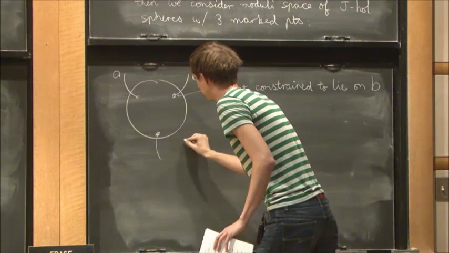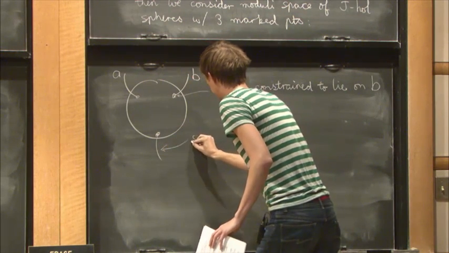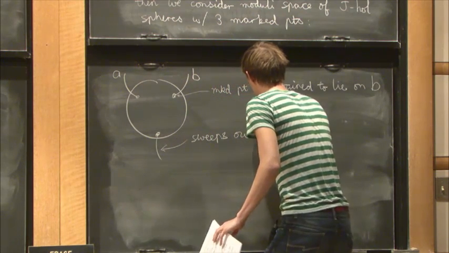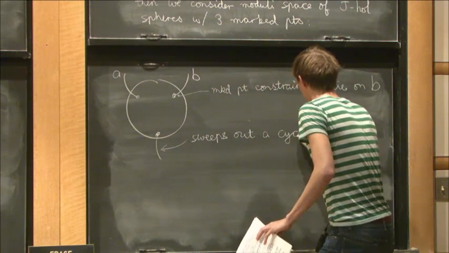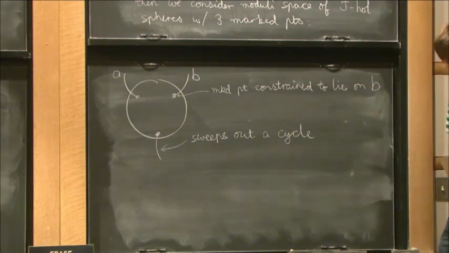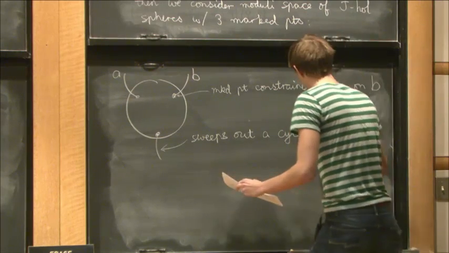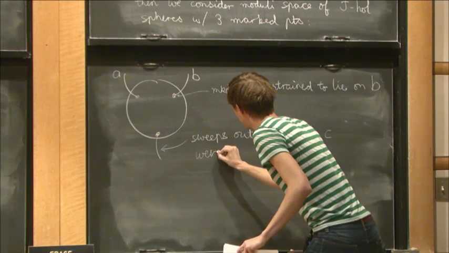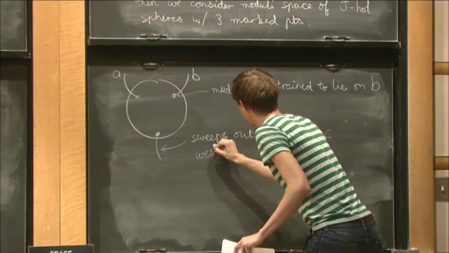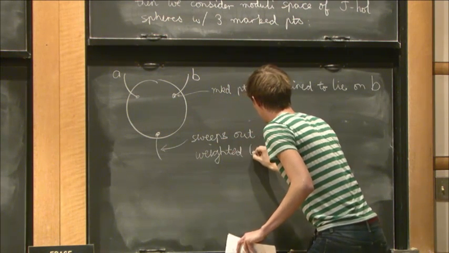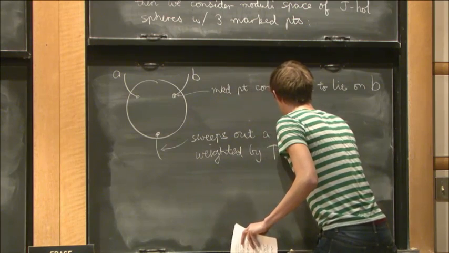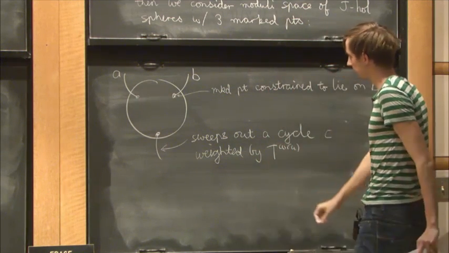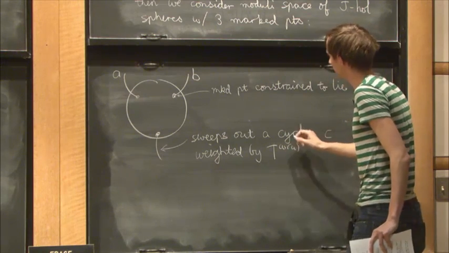And this remaining marked point sweeps out a cycle in our moduli space, which we call C. And we weight it by the symplectic area of our sphere.